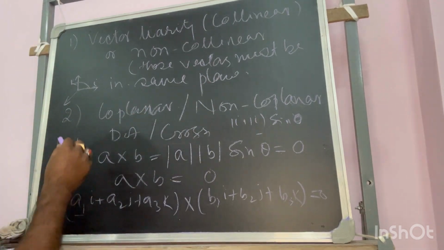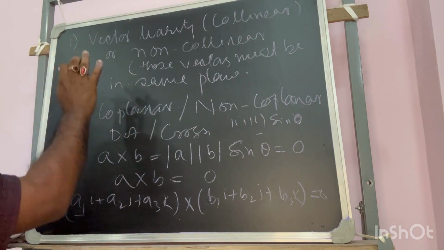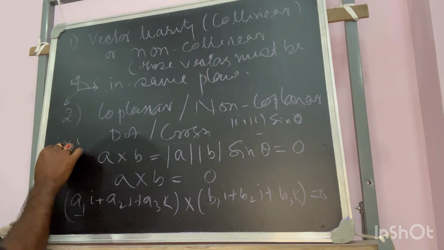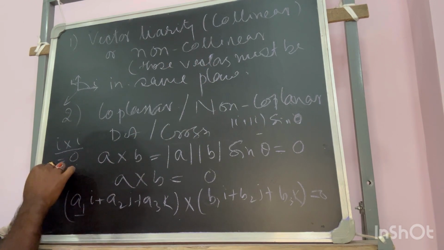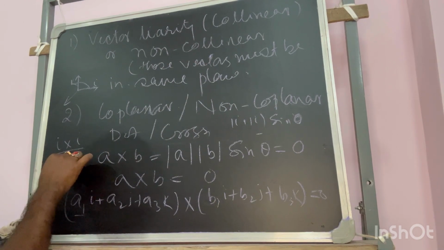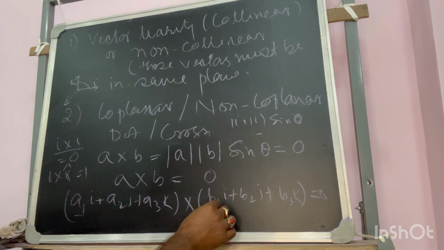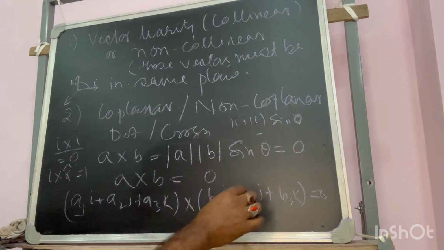You don't need to go to that extent for now, but understand that the cross product of similar unit vectors is 0, and the cross product of different unit vectors is 1. So when you multiply the similar ones, they are all nullified.